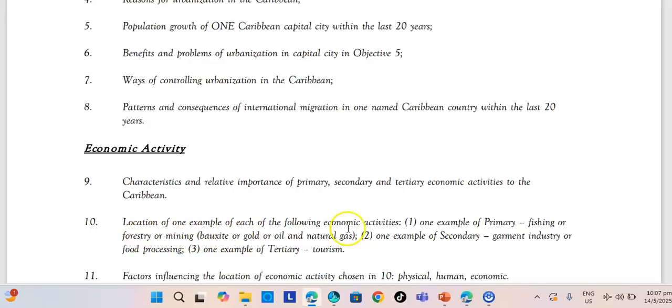If they ask about one secondary activity, you can talk about the garment industry, food processing, any manufacturing industry. If they ask you to list one example of tertiary industry, you could talk about tourism, education, health, banking, etc.